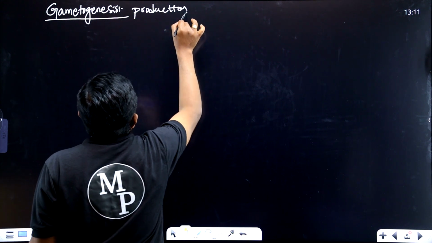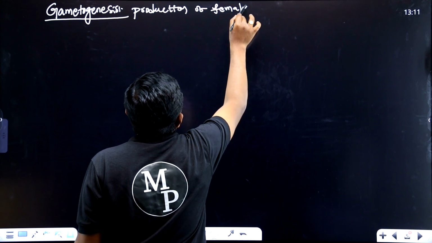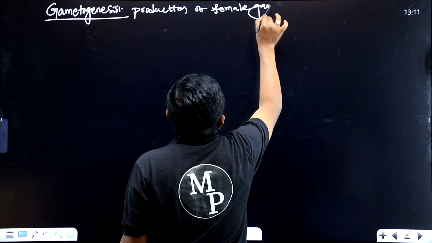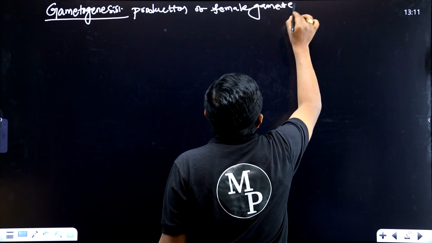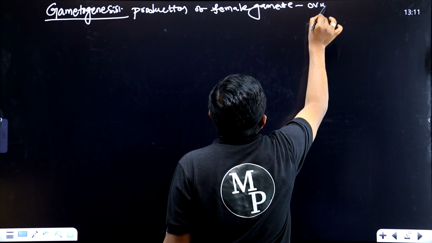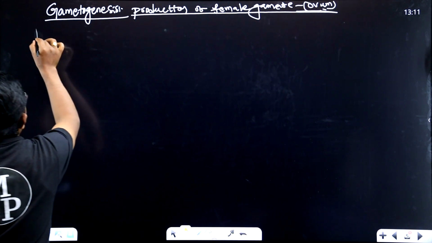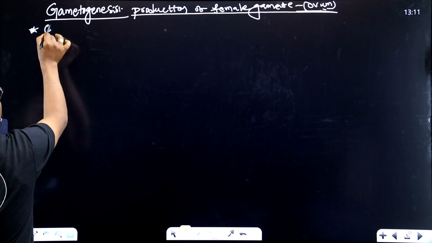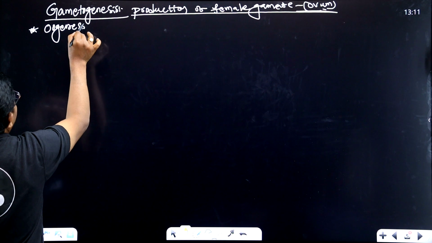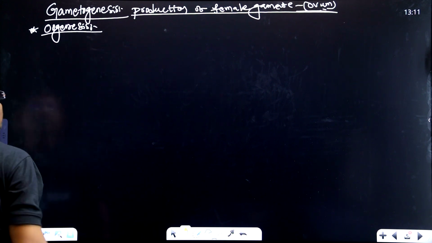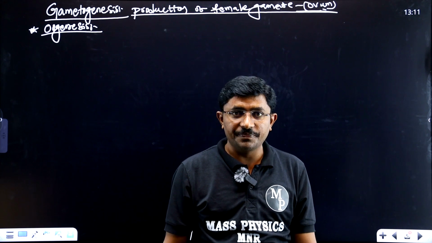Production of the ovum, the female gamete, is called oogenesis.